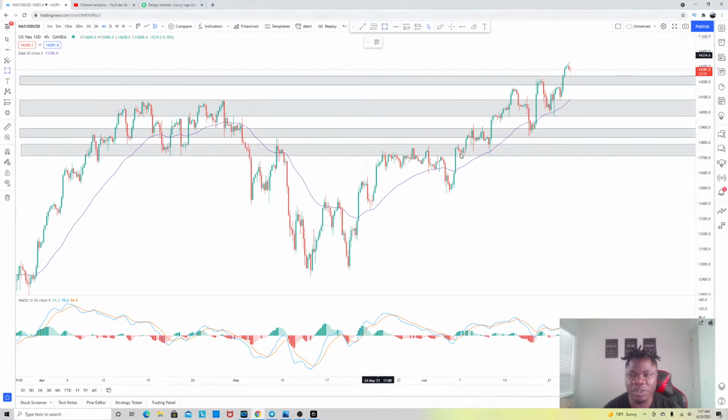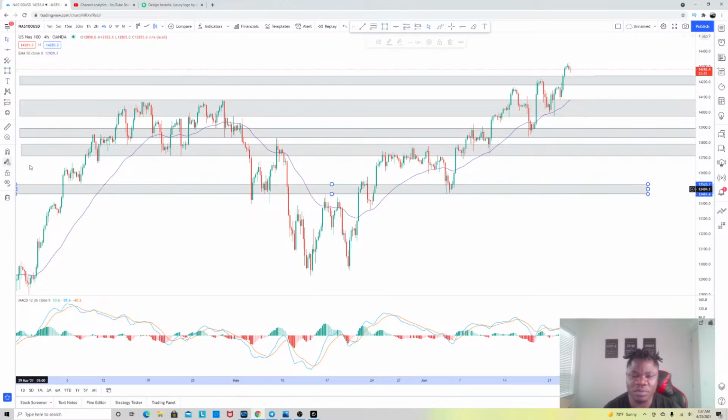We just had a break above resistance, looking at NAS 100 over here. So we'll see.